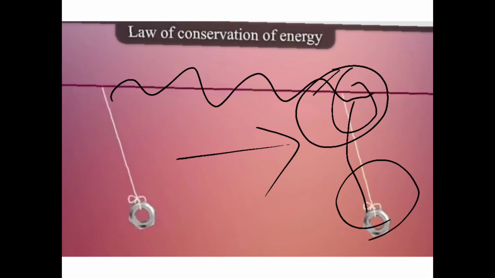So it shows that the energy is getting transferred. So energy can neither be created nor be destroyed. It can be transferred or converted from one form to another. And thus the total amount of energy in the universe is constant. Clear?